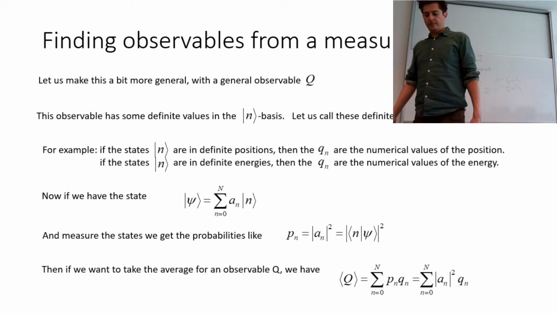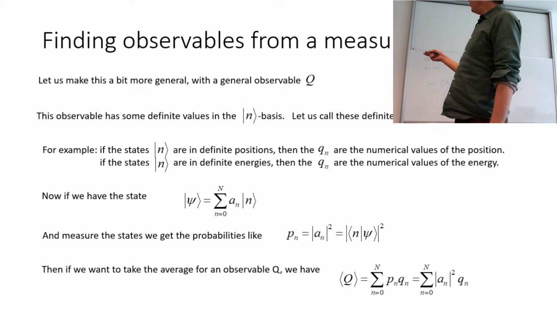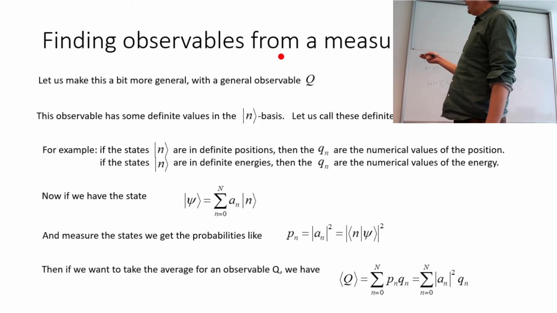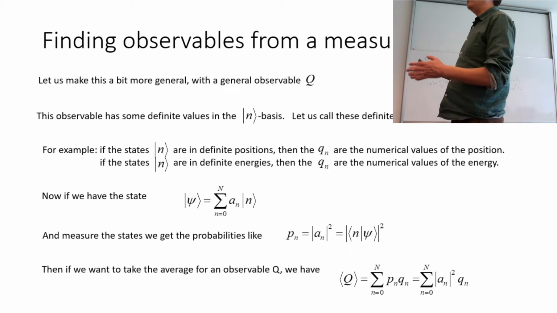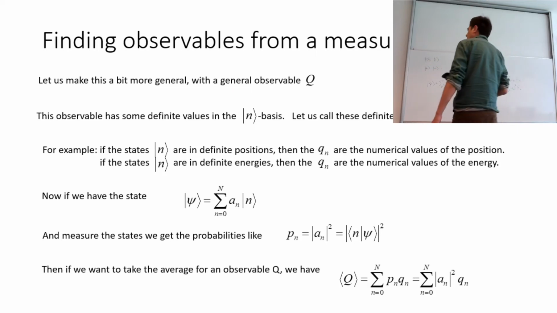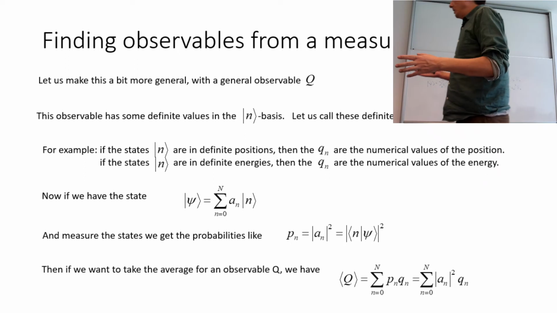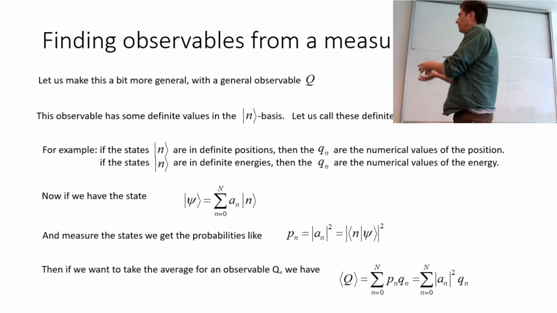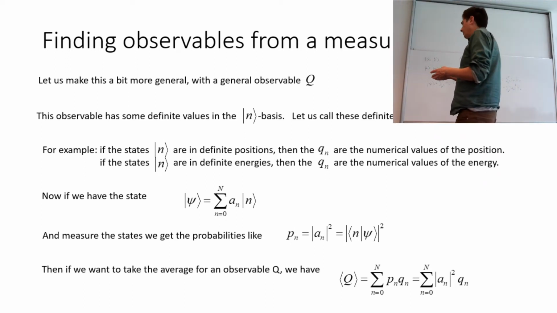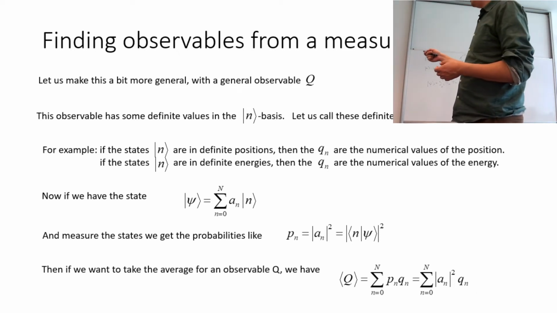Then this observable always has some states where it has a definite value, and we'll call these n, and they form a kind of basis. Each of those definite states for this particular observable will have some definite value associated with it. Let me explain what I mean by that.